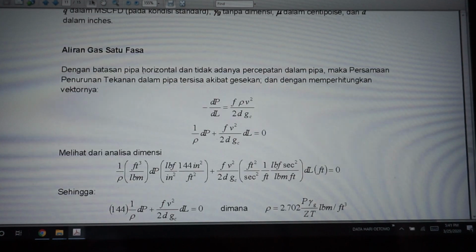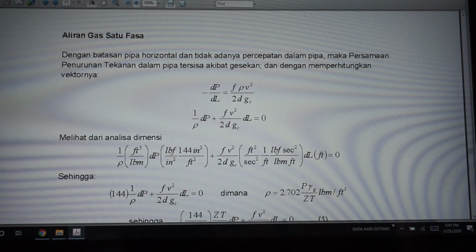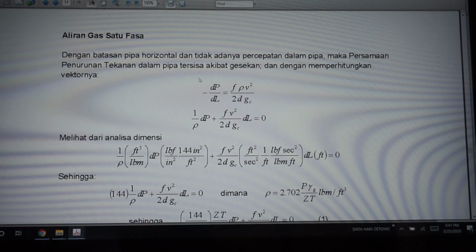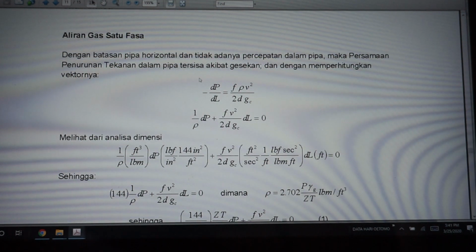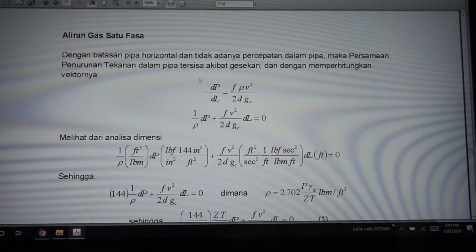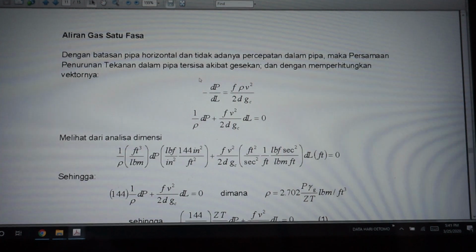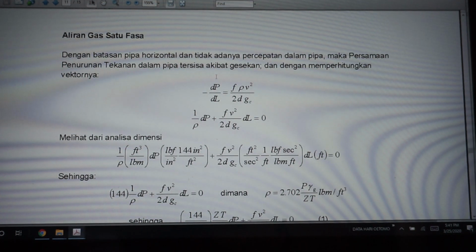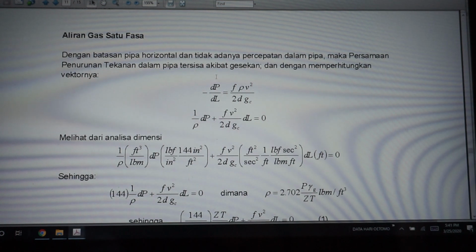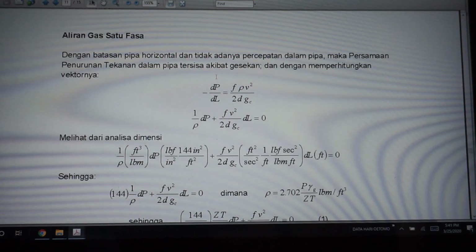Continue with one phase. Remember from deriving the two-phase flow, you have three different types of pressure drop.